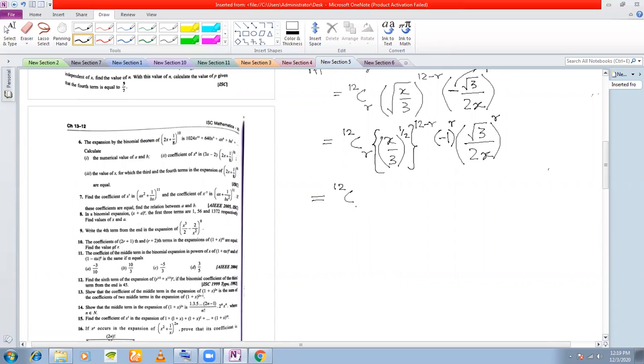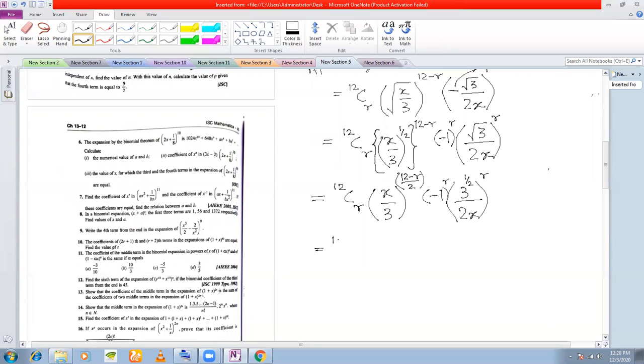So, sir, 12cr. Now this is x by 3 to the power of 12 minus r by 2. You multiply: a to the power of m whole to the power of n is a to the power of m into n, and you write minus 1 to the power of r as it is. And root 3 by 2x means 3 to the power of half, and this is 2x whole to the power of r.